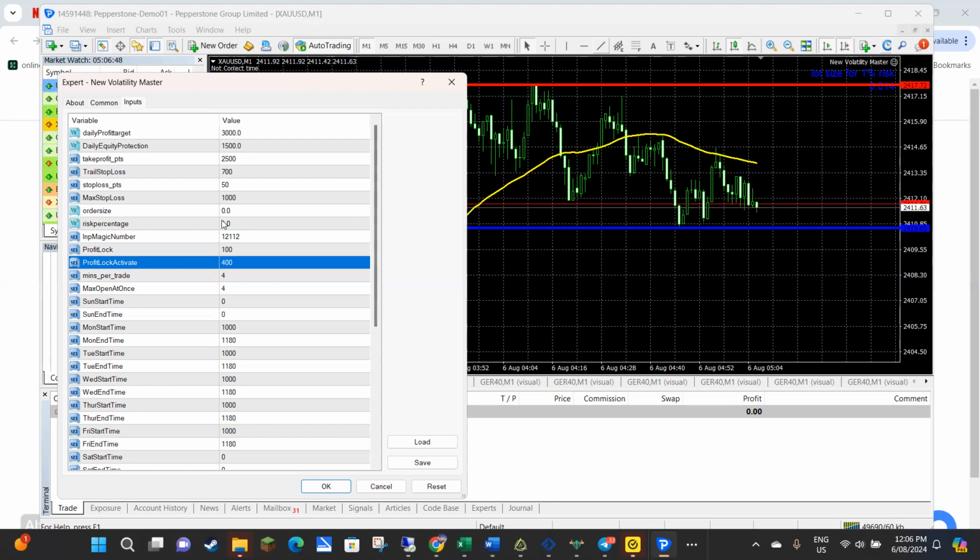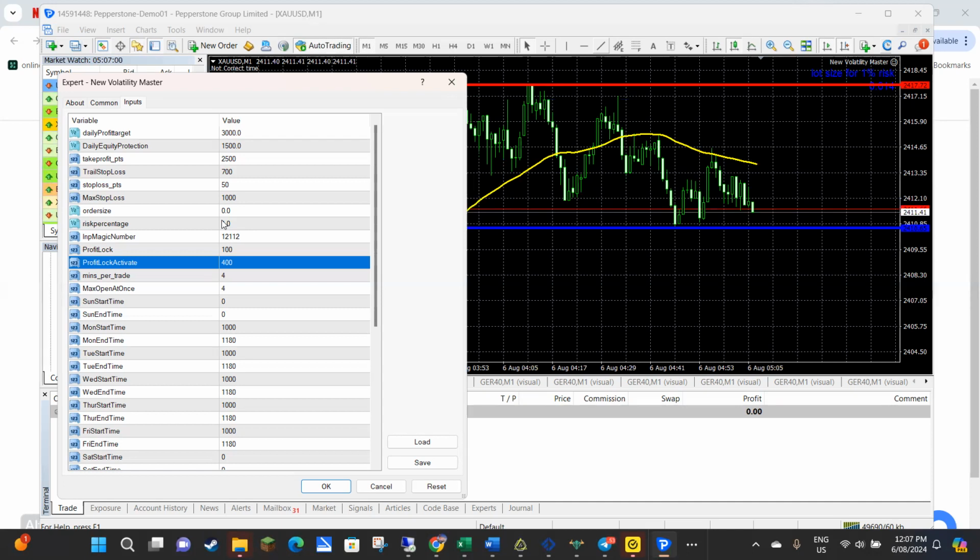And then it won't place a third trade until the first 2 trades are both risk-free. So that's one of the best features of the software, that it's able to stack multiple trades in place without ever risking any extra money.